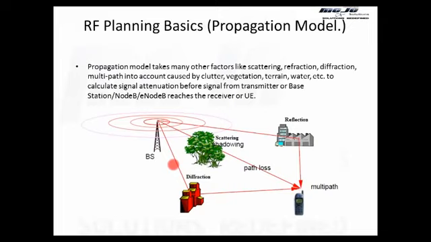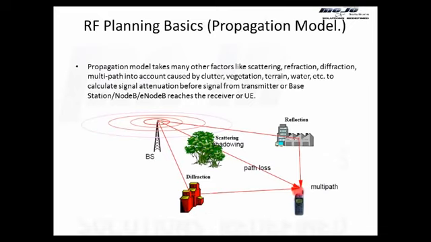In general, all these phenomena through which a signal is received from a transmitter or base station to the UE are called propagation. And all the different paths it receives is called multipath.